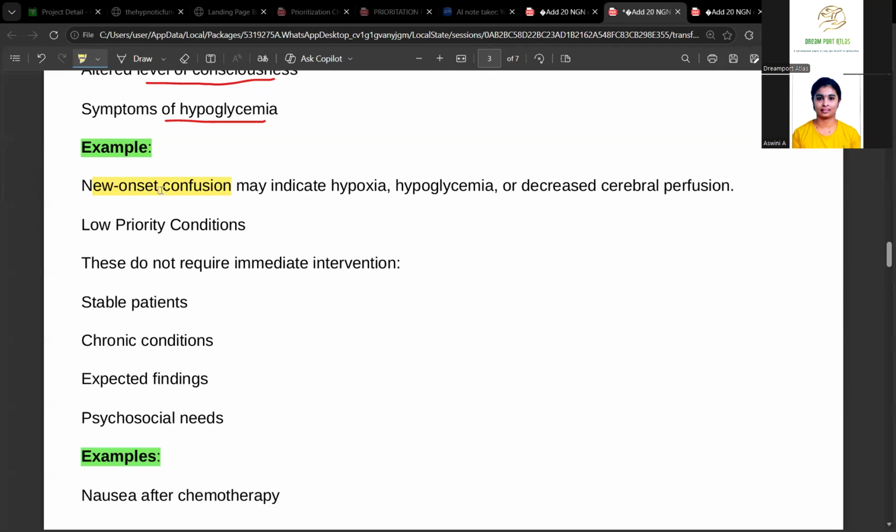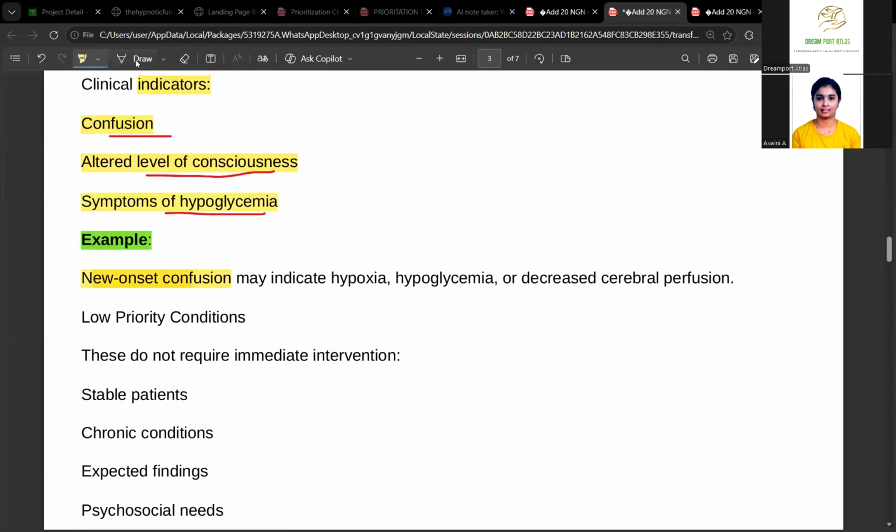For example, the client has developed sudden onset of confusion. What does it indicate? Hypoxia, hypoglycemia, and decreased cerebral perfusion. These are the main indicators of sudden onset of confusion.